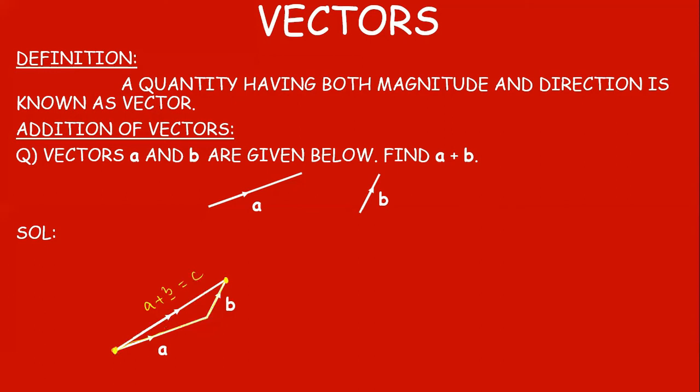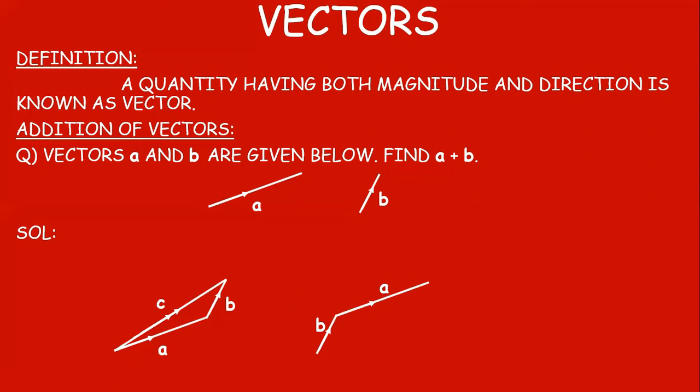Now, we can also add the vectors in another way. That is, we will put the tail of the vector A at the head of the vector B, that is at this place, in this way.